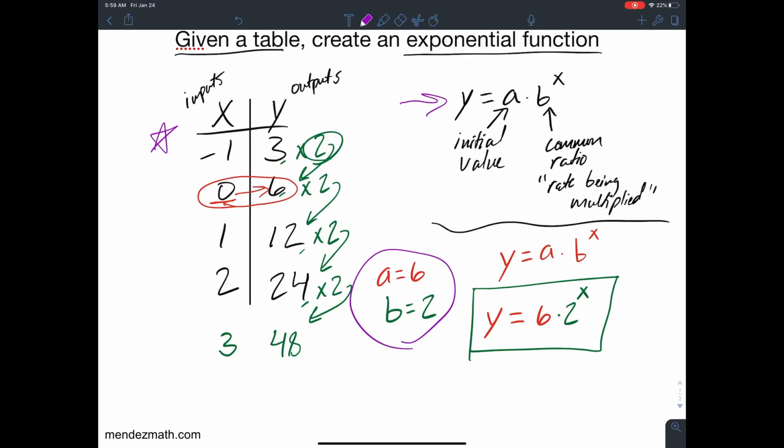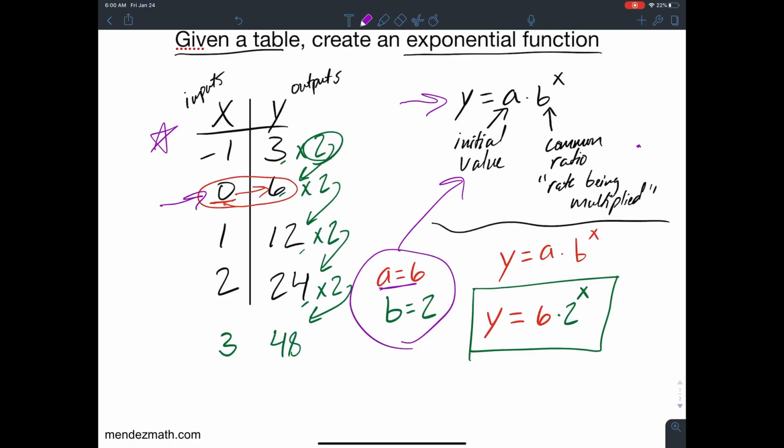I said, where was my initial value A? I looked at 0. When x is 0, what's y? It was 6. So for A, I wrote 6. Then I said, what is my common ratio, right? What's the rate in which it's being multiplied by? And this is what I did in the green here.